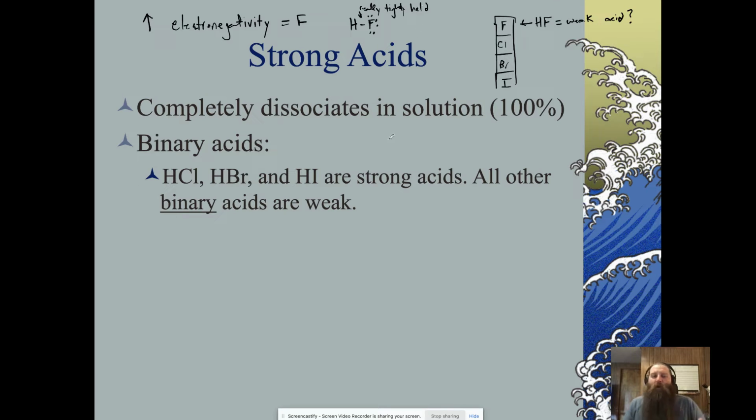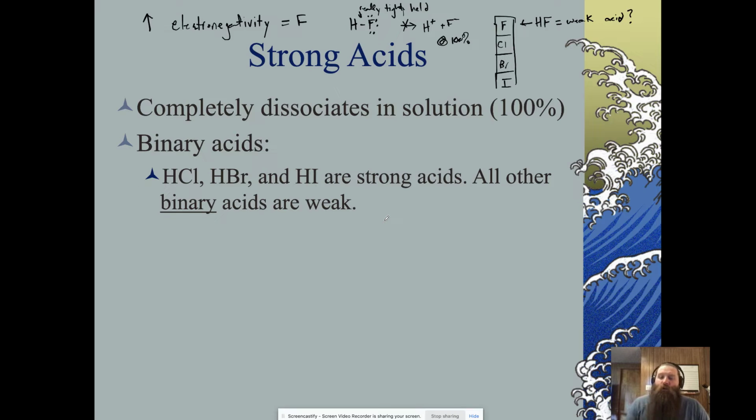When you put it into solution, water is not able to break it apart into H+ and F- at 100%. It just doesn't do it. HF is a weak acid because the definition of a strong acid is that it has to break apart 100%. Fluorine is too electronegative, so HF doesn't completely dissociate, so it's a weak acid.